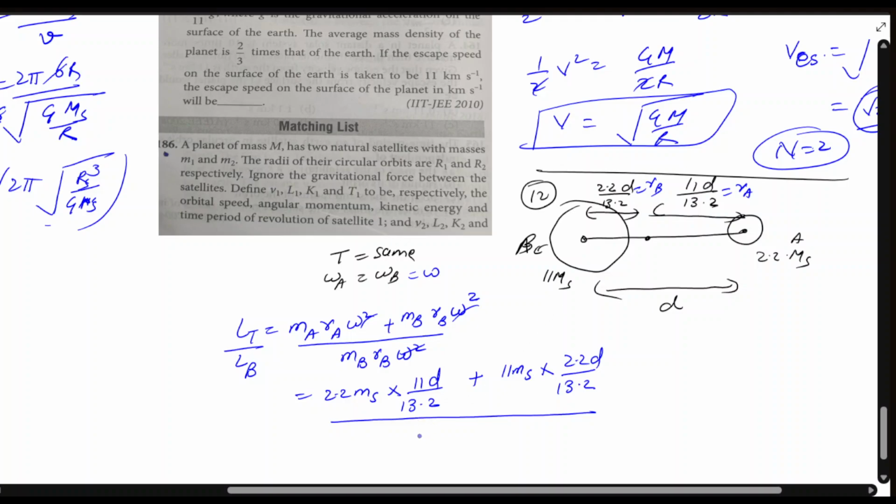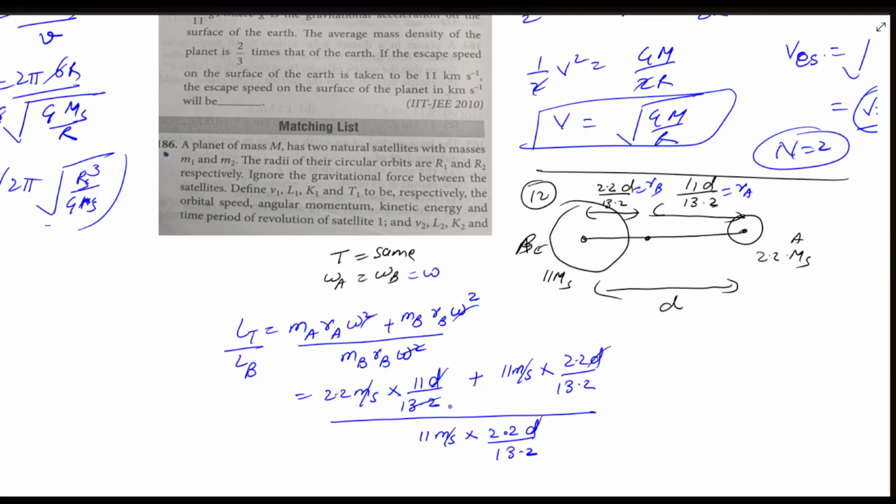So Mb will be 11 Ms into Rb is 2.2 d by 13.2. So a lot of things will get cancelled. M, Ms, d will get cancelled, 13.2 will get cancelled. So we are left with 2.2 into 11. I've made some mistake, I think.